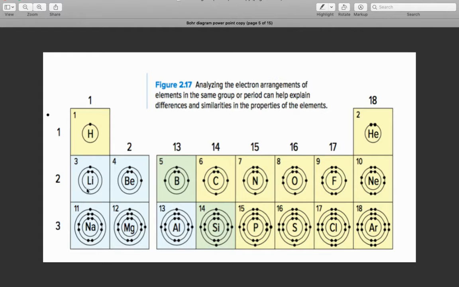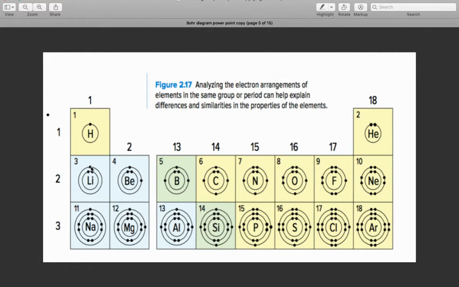So you draw 2 shells around lithium. As we all know, the number 3 represents its atomic number, which is also the number of electrons in a neutral atom. We also know the rule of how many electrons there will be in each shell. The first will always have 2, so we have 2 in the innermost shell and only 1 is left. So the second shell will have 1 electron.